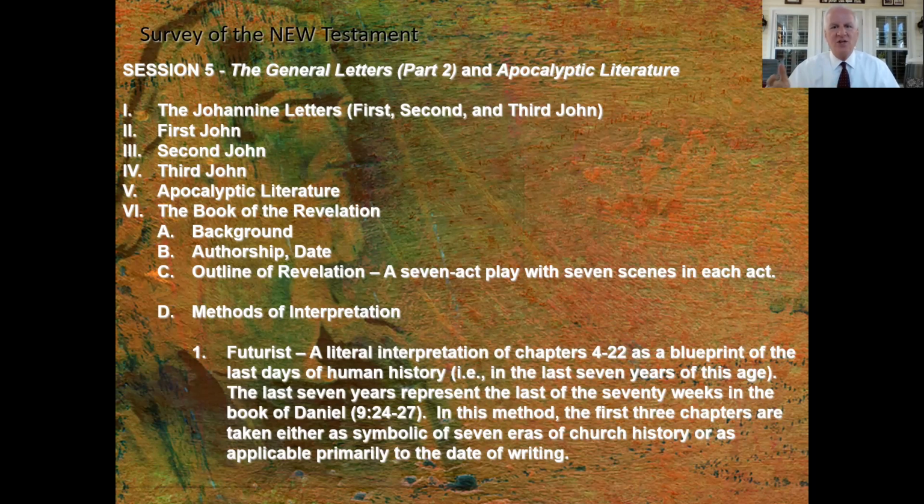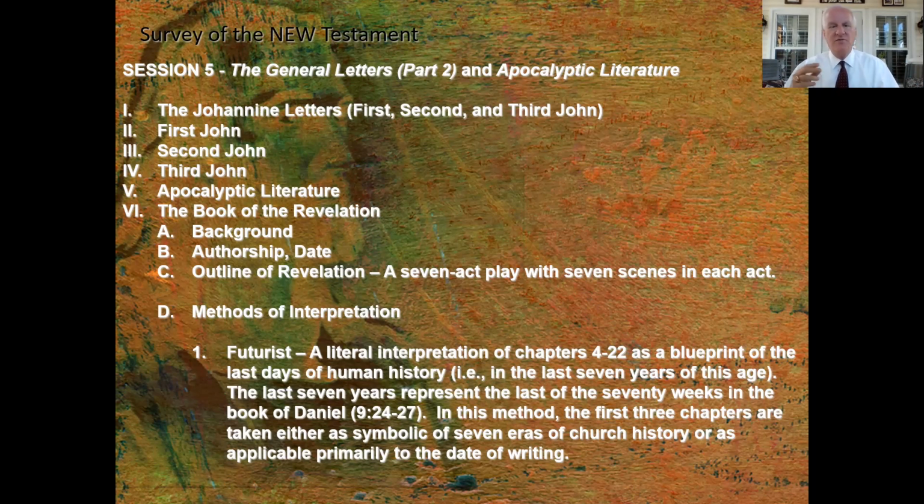The last 7 years represent the last of the 70 weeks in the book of Daniel. And there's all this effort to reconcile the images introduced in Daniel with the images introduced in Revelation. And in this method, the first 3 chapters are taken either as symbolic or as 7 eras of the church's history, or as applicable primarily to the date of writing.